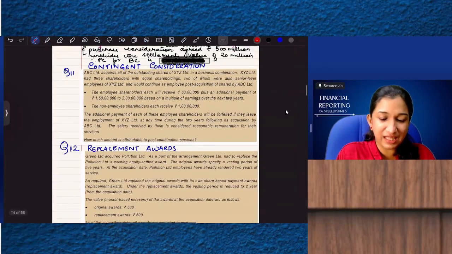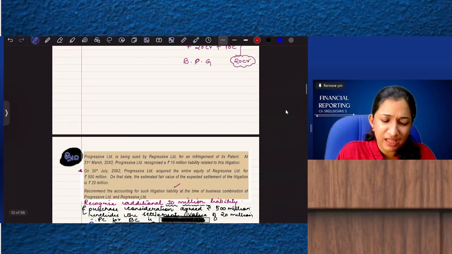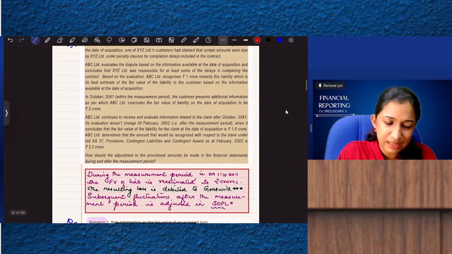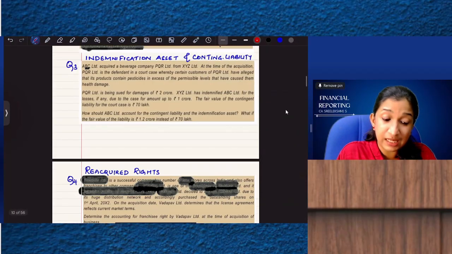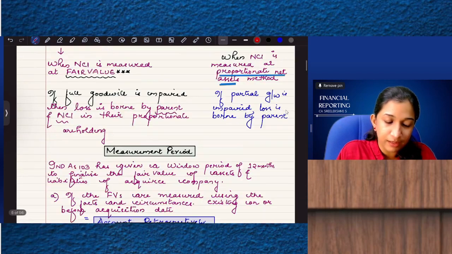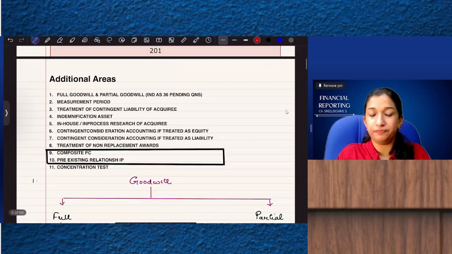So this is basically for you. So anything else we need to discuss? Like these additional areas are there.